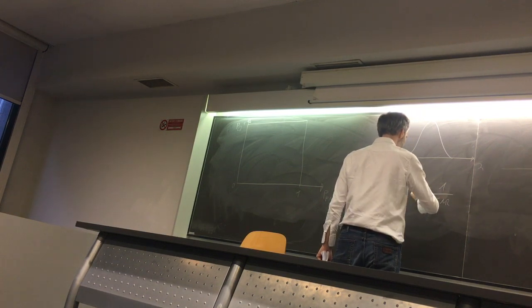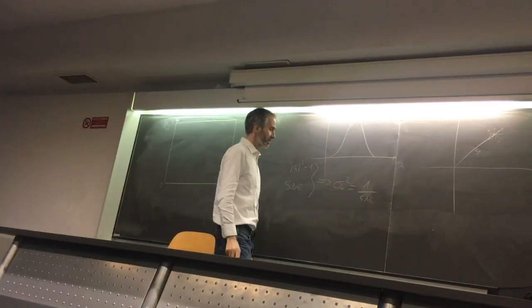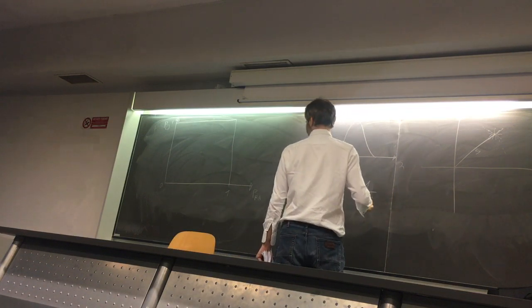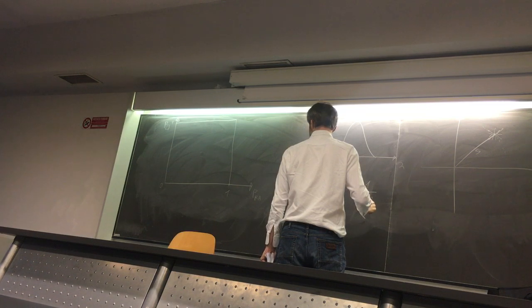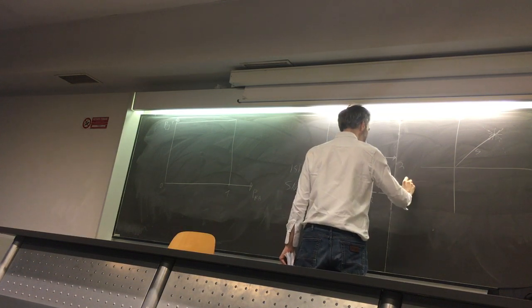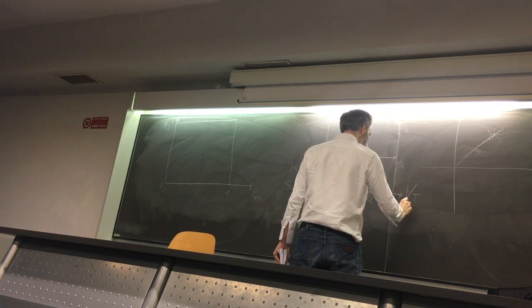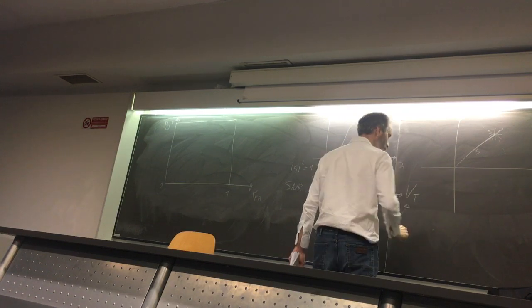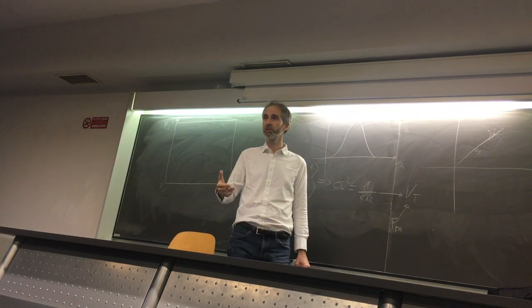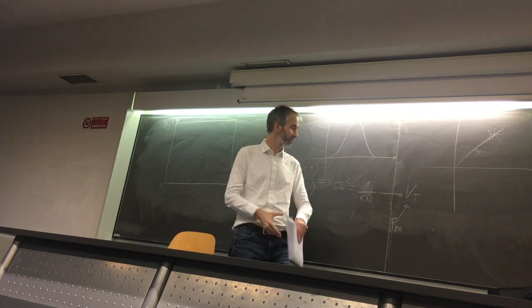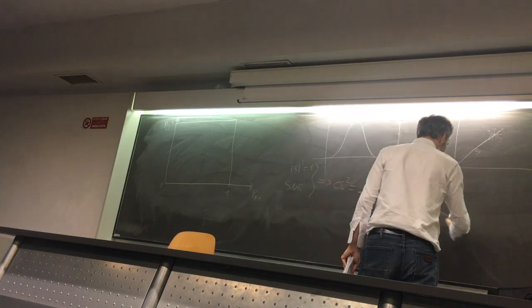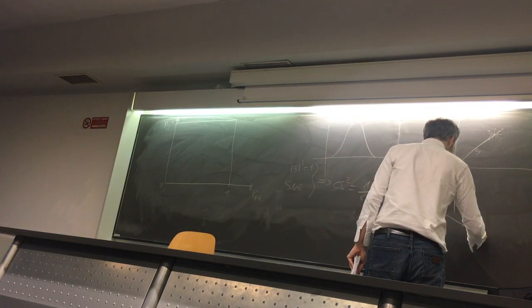It is just 1 divided by this signal to noise ratio. So I can set a certain V threshold as a function of the probability of false alarm that I want to set as a requirement. Once I know this, I can also calculate the probability of correct decision.